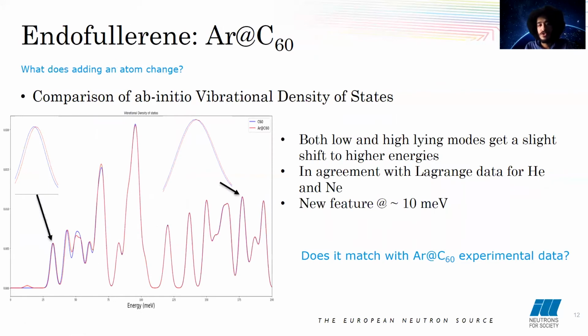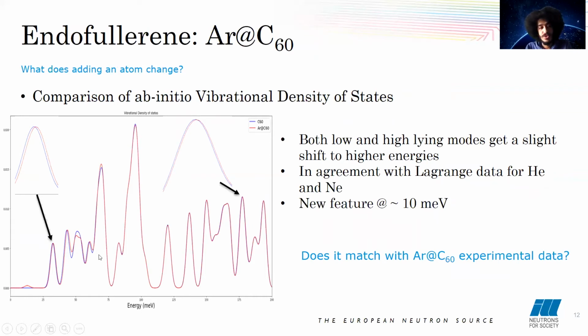So the first result was the vibrational density of states of argon inside C60. And as you can see, there is a slight shift for both these low-lying modes and high-lying modes to higher energies, which is in agreement with the available Lagrange data for both helium and neon.